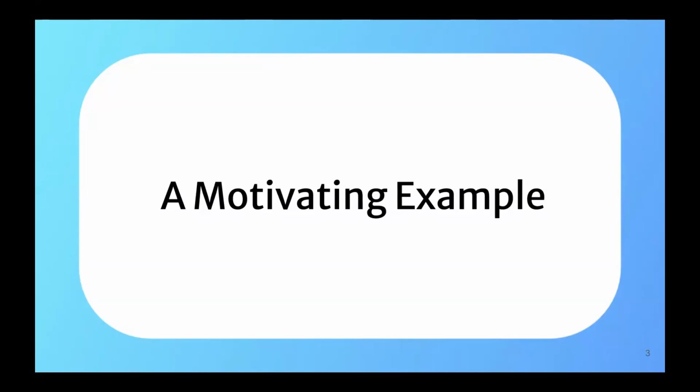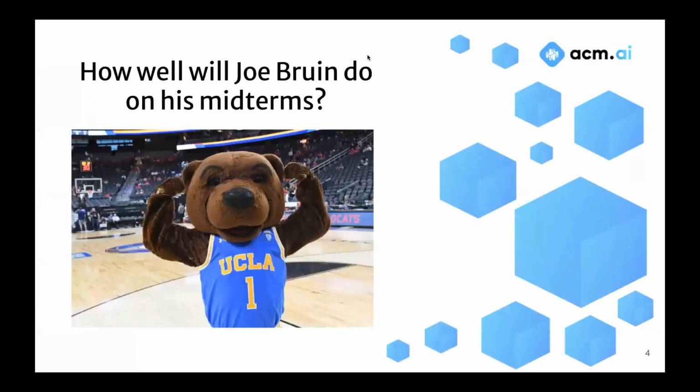What we're going to be doing today is regression. In classification, we're working with categorical data, and in regression, we'll be working with continuous data. So the example we're going to look at, on the next slide: I know it's midterms week, and this is the last thing you want to talk about, but this is something all of us will understand. We're going to try and predict how well Joe Bruin is going to do on his midterms.